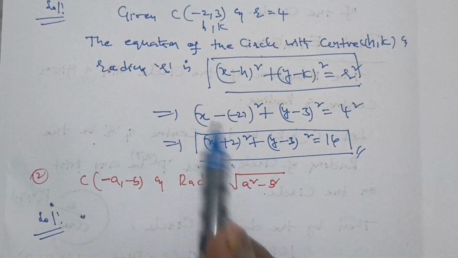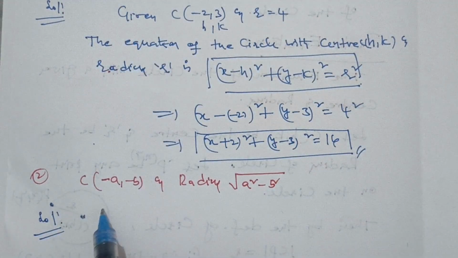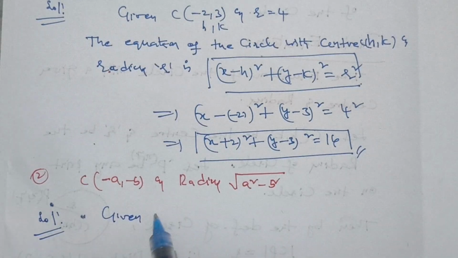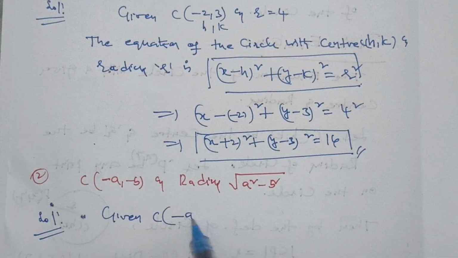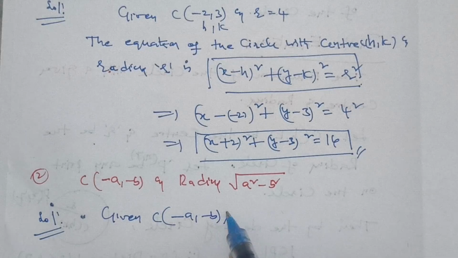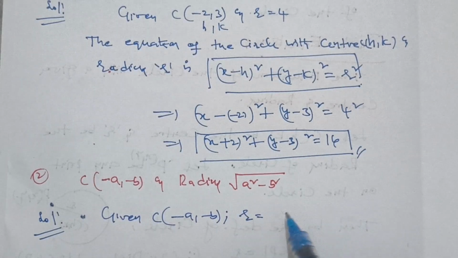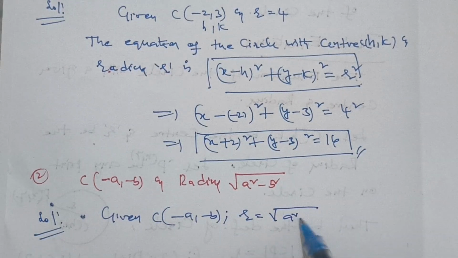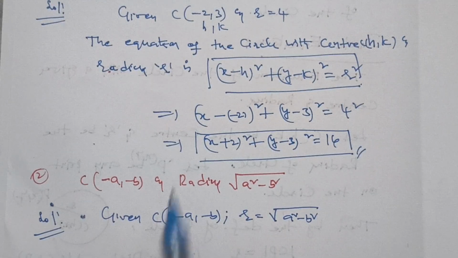So we solve this problem the same as above. Given the center minus a comma minus b, and the given radius r is equal to square root a square minus b square.